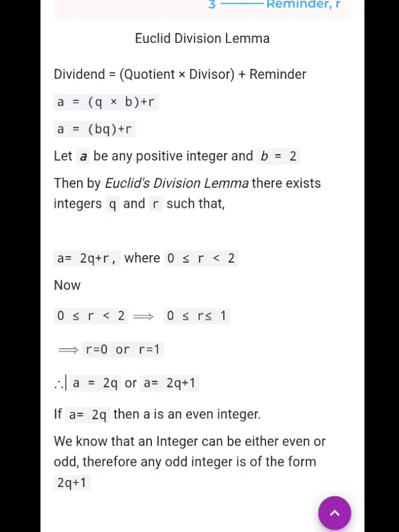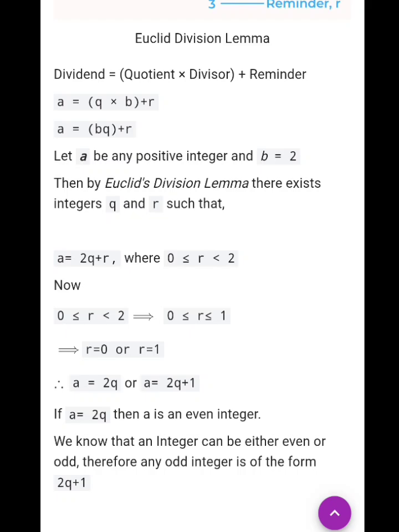But we already said a is any integer, any positive integer, even or odd. Since q is also an integer, 2 times q, that is 2q, will always be an even number, because any integer multiplied by 2 always results in an even integer. So a is equal to 2q is always an even integer.